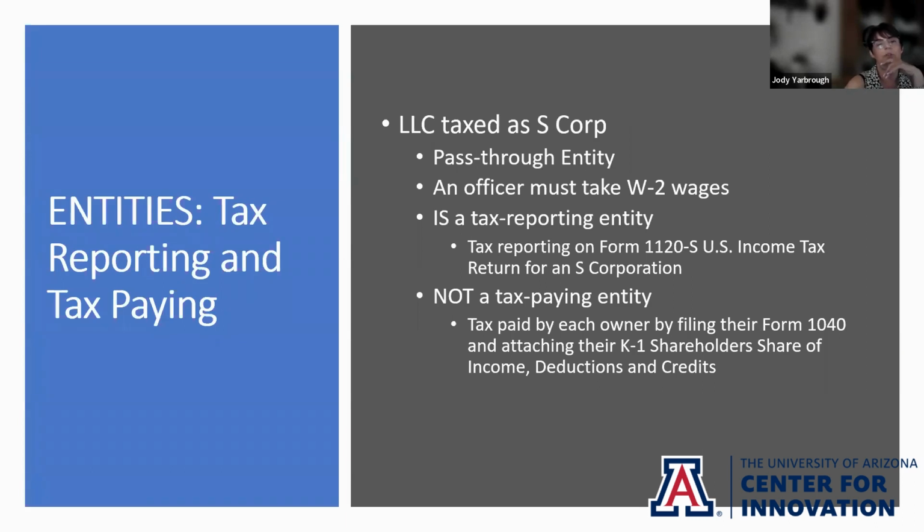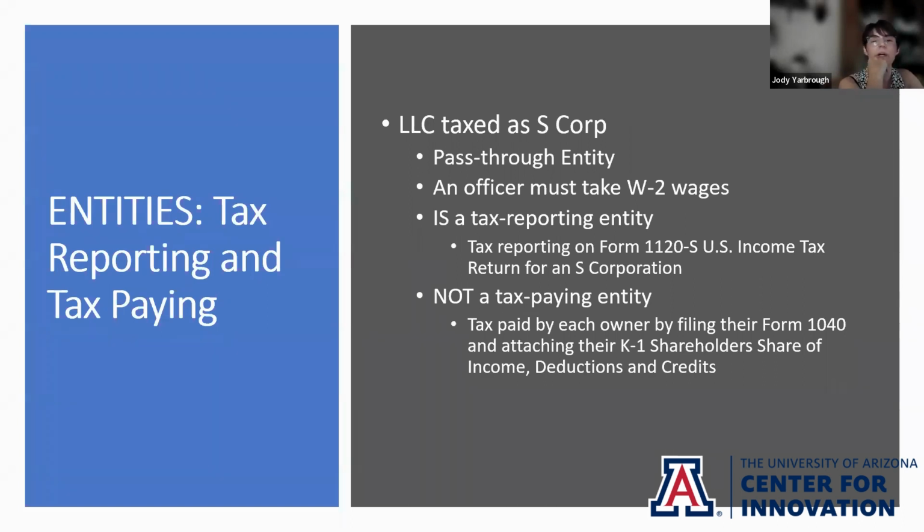So if you choose to be taxed as an S Corp, you again are a pass-through entity, and an officer must take a W-2 wage. You are a tax reporting entity, and you do your tax reporting on the 1120S, U.S. income tax return for S Corporation. You are not a tax-paying entity.